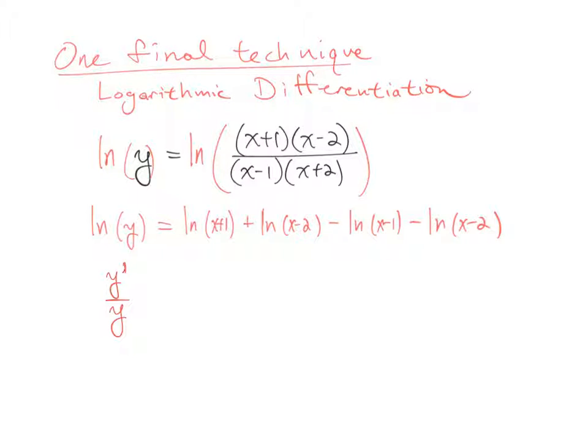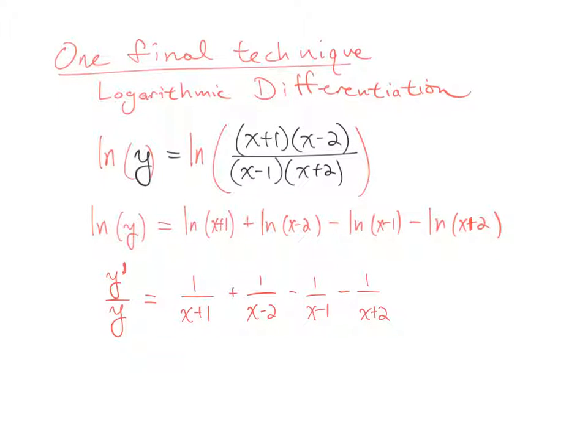The derivative of y is y prime, or dy dx, like with the implicit differentiation. And over here we will have 1 over x plus 1 plus 1 over x minus 2 minus 1 over x minus 1 minus 1 over x plus 2. I just realized this is supposed to be a plus.